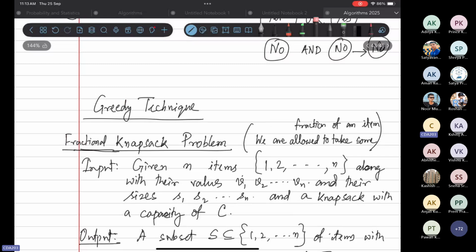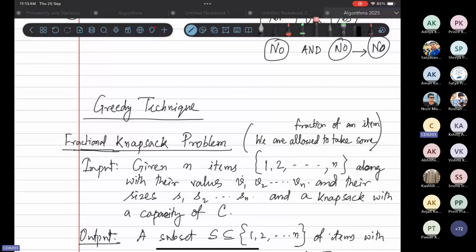Earlier it was 0-1 knapsack, meaning it can be either 0 or 1. Either I take the whole item, whatever size is there of that item, and take whatever value that contributes. But this time I am allowed to take some fraction of that item.